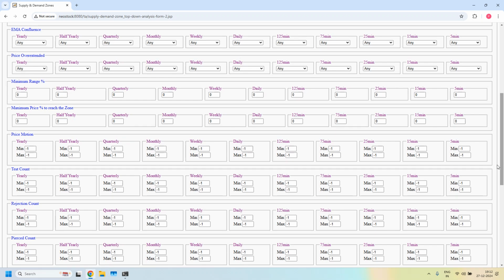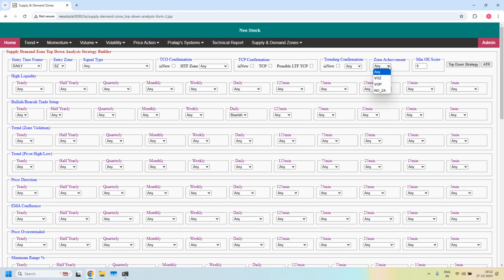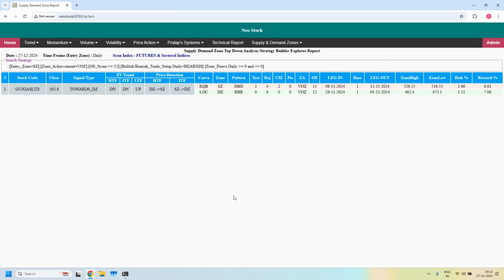So at pierced count parameter at daily time frame, entry time frame, I am setting minimum value 0 and maximum value 0. Zone achievement, violated opposing zone. Minimum odd enhancer score 12. All three filters are applied to daily supply zone. Let's verify. We got only one stock.